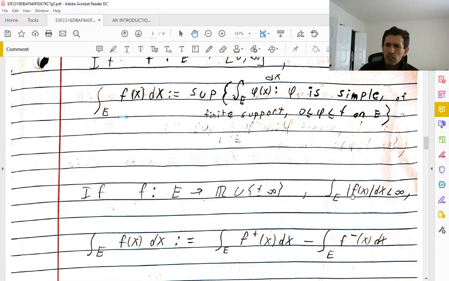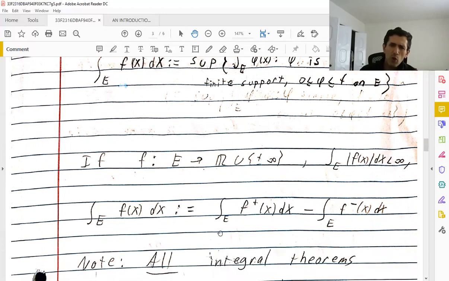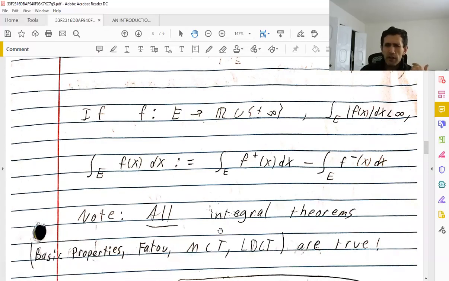And because f is integrable, both of these are going to be real valued, so there's no ambiguity. Now, if you do all this, then all the basic properties that we proved, Fatou's lemma, the monotone convergence theorem, and the Lebesgue dominated convergence theorem, are all true.